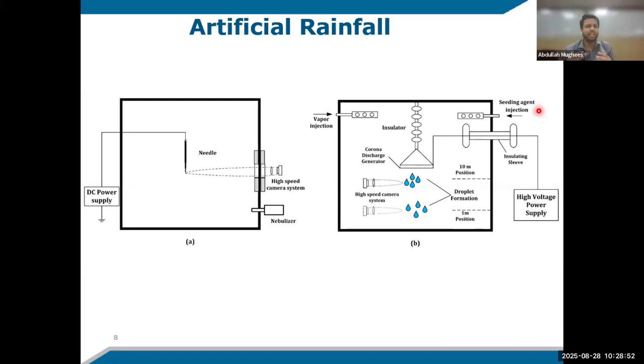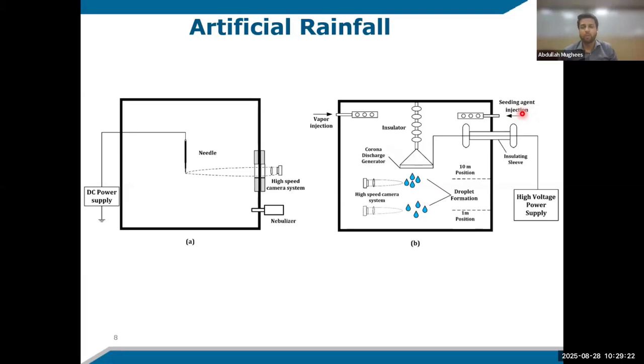So to ensure that it does rain, along with the electric shocks, we introduce that old technique as well. We bring that seeding agent, the condensation nuclei. We spread the chemicals and give the shock to increase the probability of success, right? It's not a guarantee that when we spread the agent, it's going to rain, because otherwise we would have to seed the whole cloud.